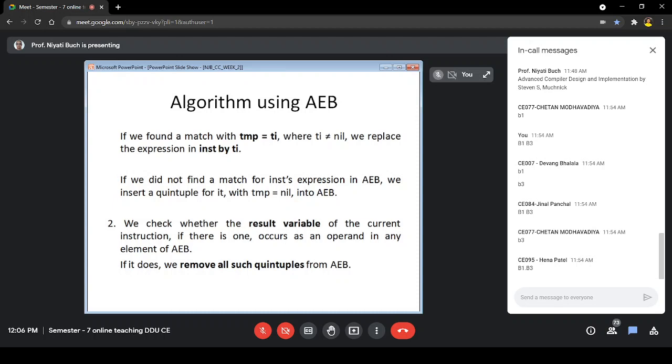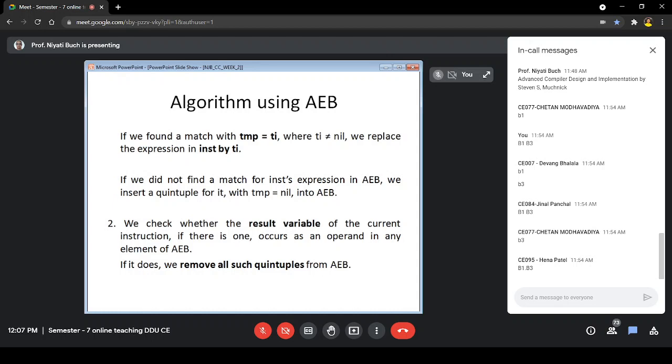If there was a match, fine, then you go about checking whether a temporary is there or not. But if there is no match, then we have to add the instruction's expression as a quintuple, with TMP, that is our temporary, as nil, into our available expression block AEB.